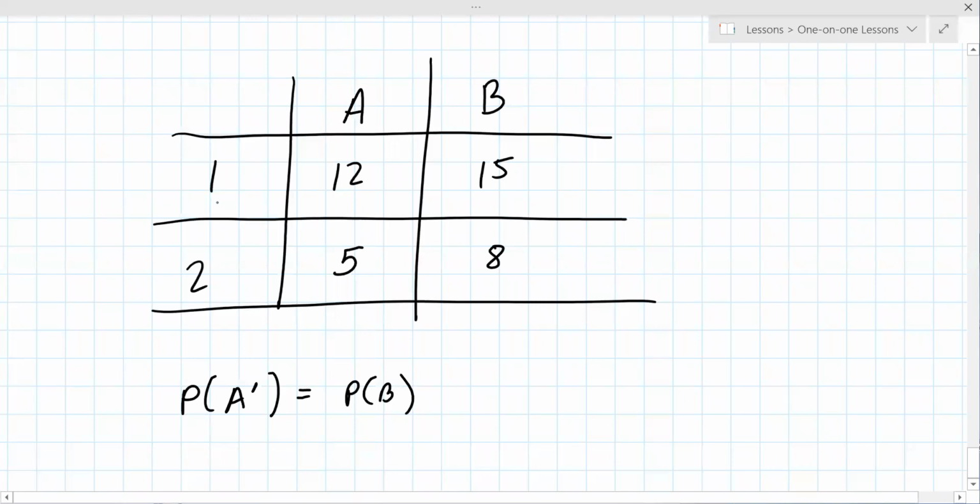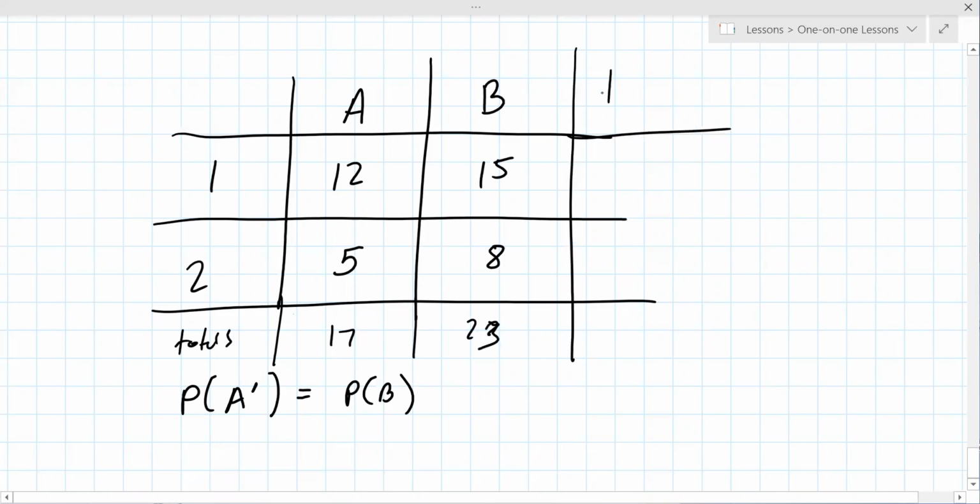These are categories along here. I didn't give you totals here. So the totals are 17 and 23 here, and 27 and 13 here, for a total of 40. So not A means, well, what's the other possibility besides A?